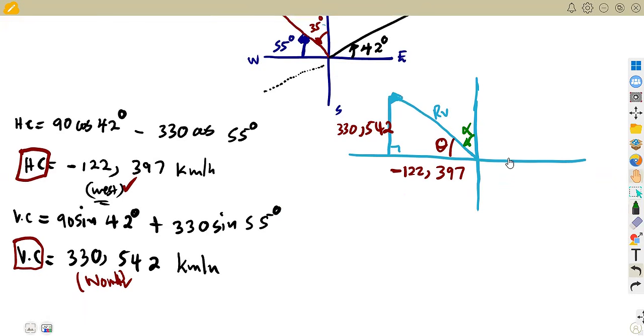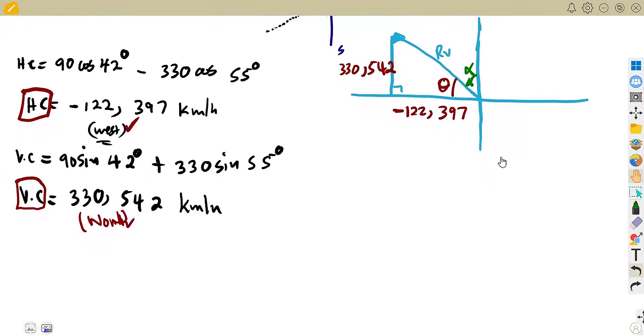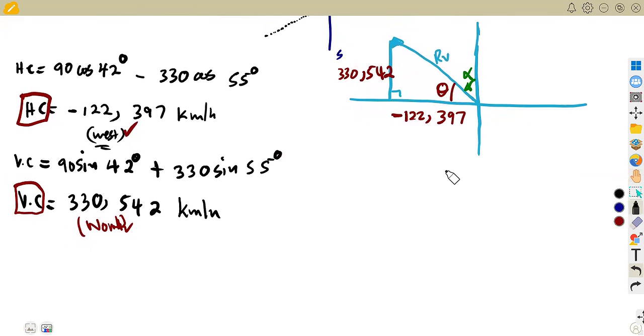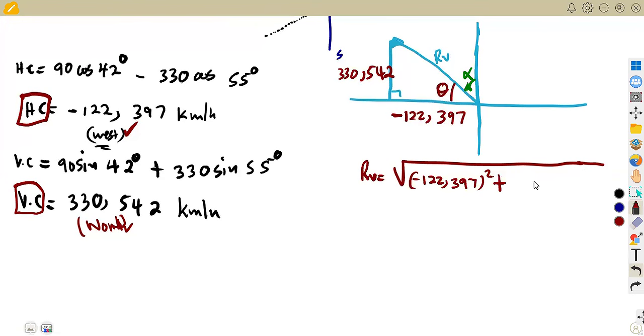So the resulting velocity from our Pythagoras theorem now, what is going to be our resulting velocity? It is going to be the square root of the horizontal component squared, negative 122.397 squared, plus the vertical component squared, which is 330.542 squared, like this.